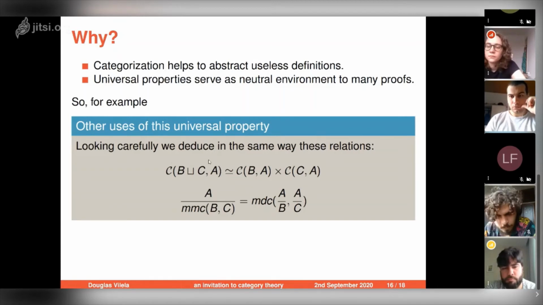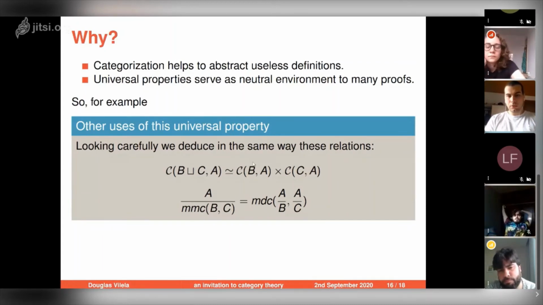This notation means the set of continuous functions from the topological disjoint union of two topological spaces to another space is isomorphic, in the terms of topological theory, so it's homeomorphic, to the Cartesian product of the continuous functions from B to a topological space C, with the continuous functions between C and A. And for this result, what we are using is the same universal property.